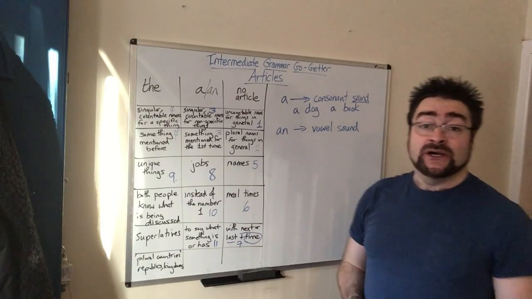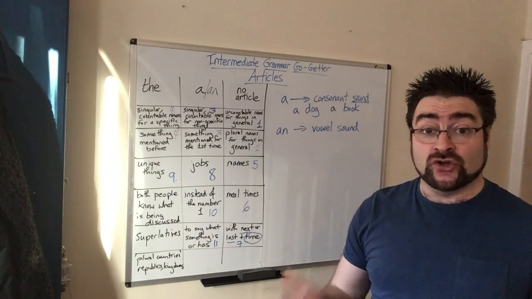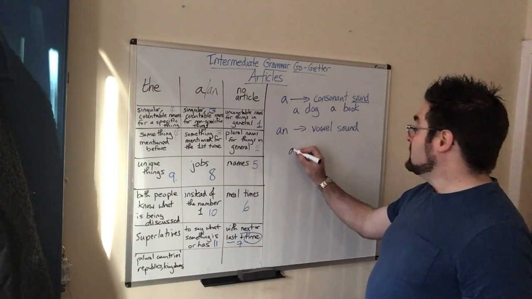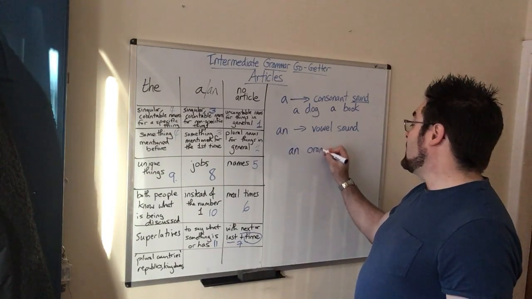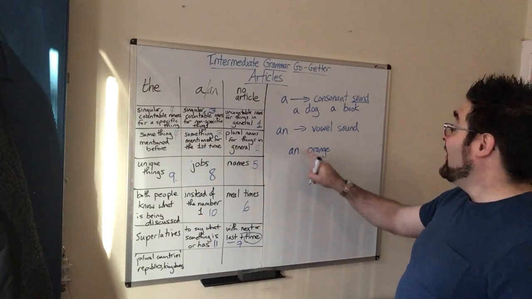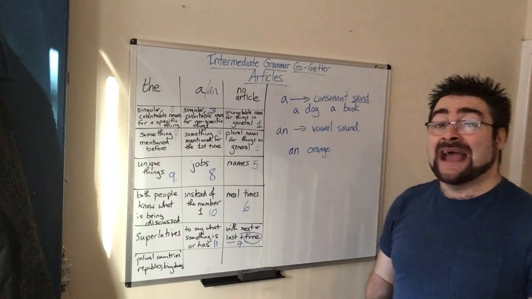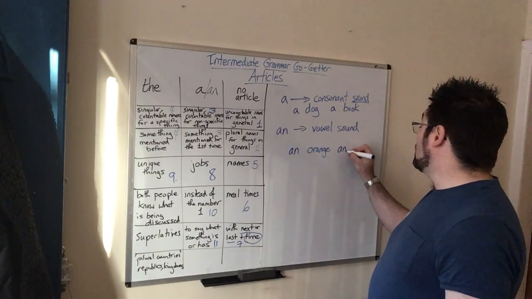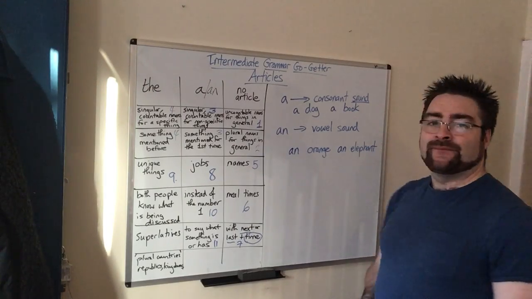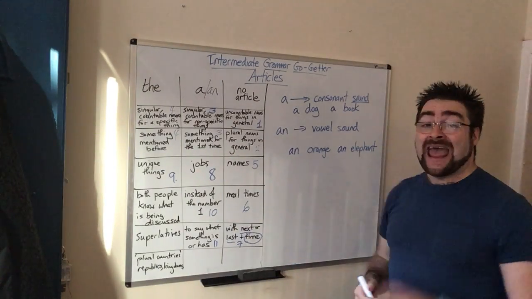The next sound is b, so we're using a consonant sound, so we're using a. Okay, a vowel sound. An orange. The next sound is o. O is a vowel sound, so we say an orange, and we would say an elephant. Okay, because the next sound is e.